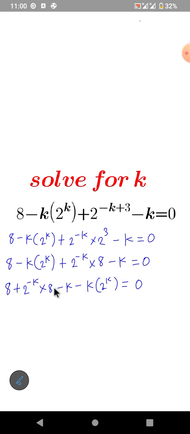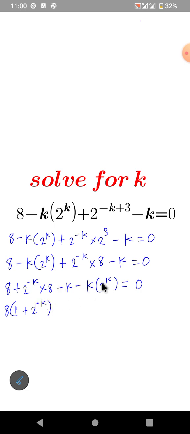Now 8 is common here, 8 is common here. So I will say 8 is the HCF between these two expressions here. So I write 8 here, open bracket, 8 divided by 8 is what? 1. Then this expression here divided by 8 is what? Plus 2 raised to the power of minus k. I'll close my bracket.